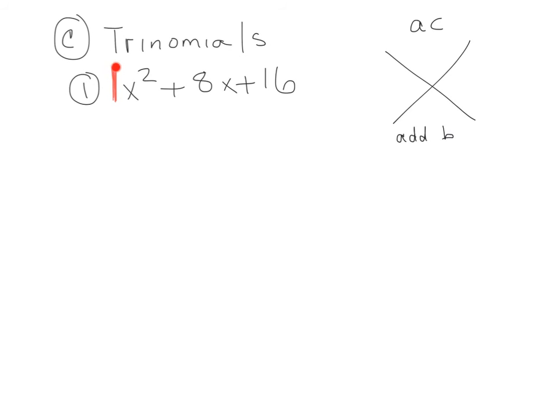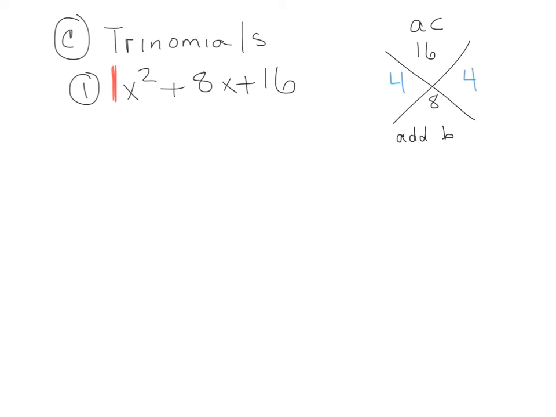So a times c is 16, and b is 8. So what multiplies to give you 16 and at the same time adds up to 8? Isn't that 4 times 4, right? Doesn't 4 times 4 give you 16, and when you add 4 and 4 you get 8?